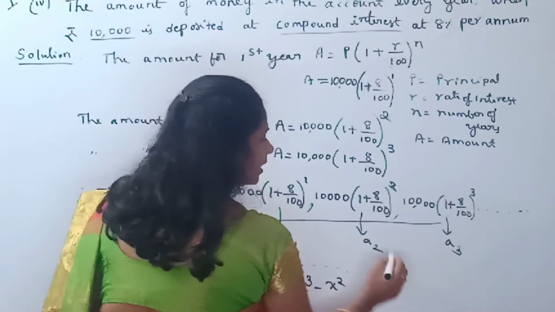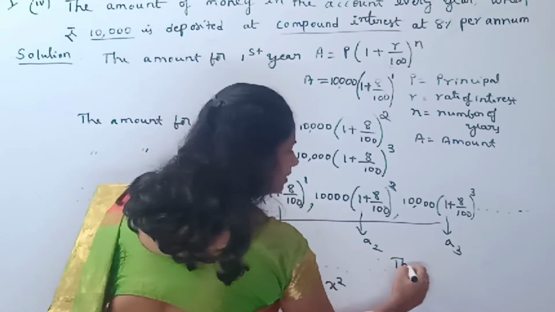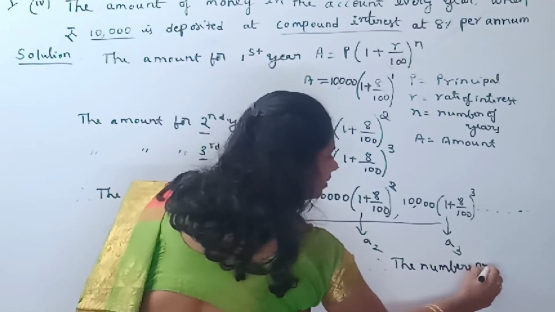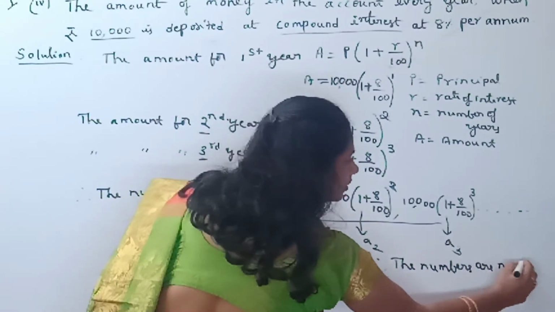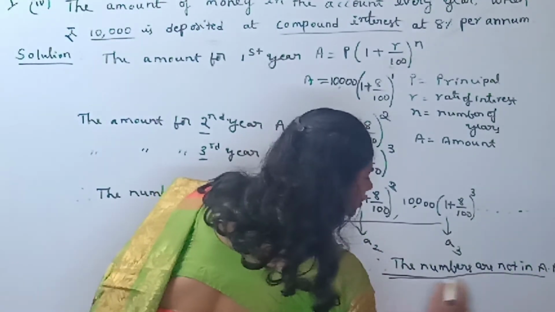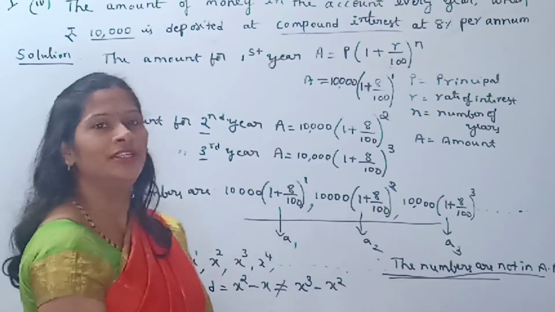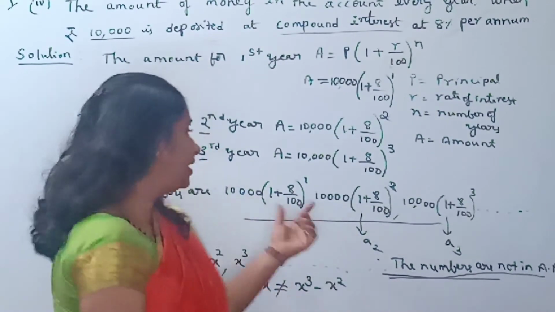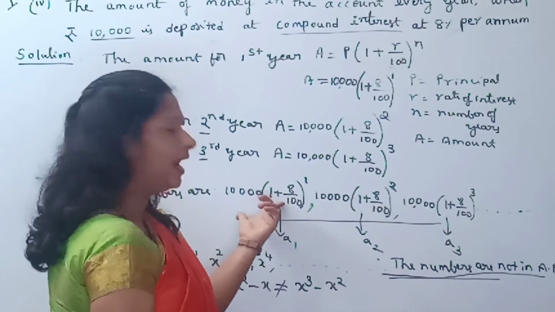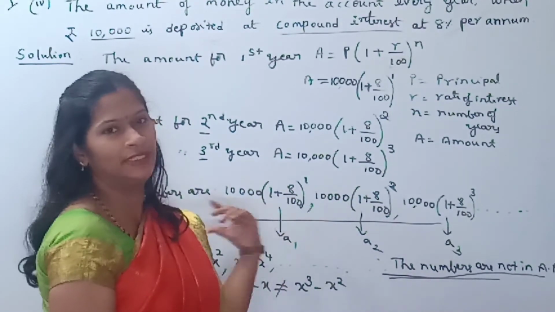Therefore, what is your conclusion, children? The numbers are not in AP. Okay, this is your conclusion. The numbers are not in AP because each succeeding term is not obtained by adding a fixed number to its preceding term.